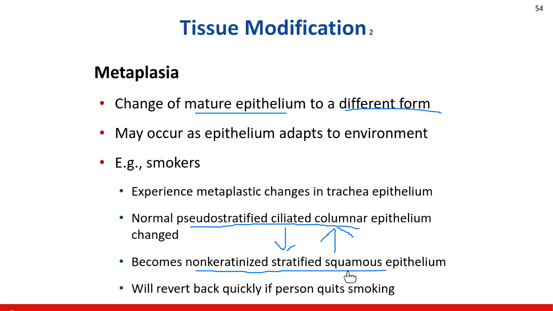But again, it's a protective type of situation. We see the same thing in people that have GERD, gastroesophageal reflux disease, because all that acid keeps squirting up into the esophagus. The esophagus will transition into a different type of epithelium.